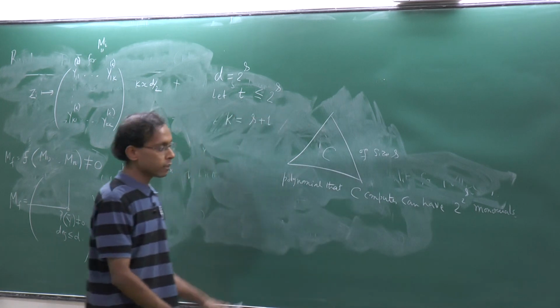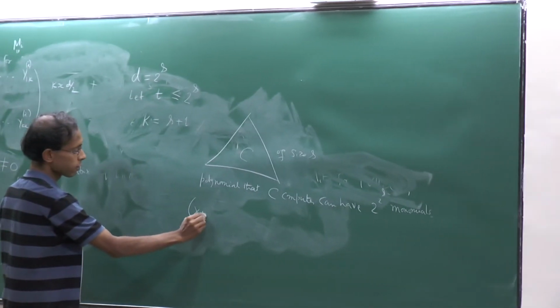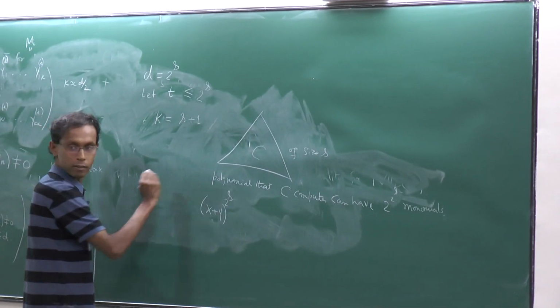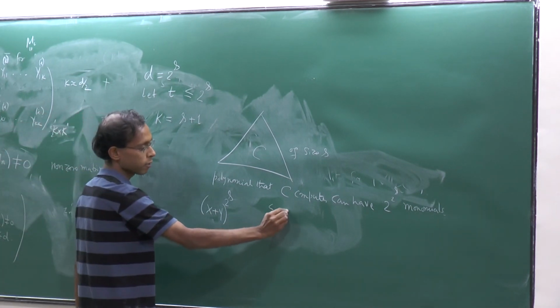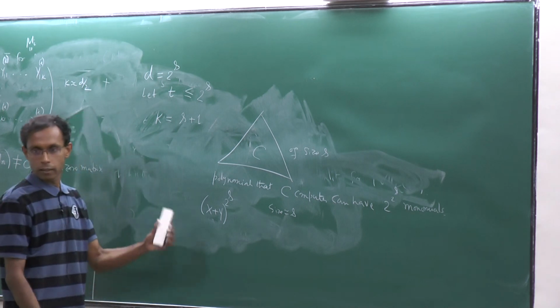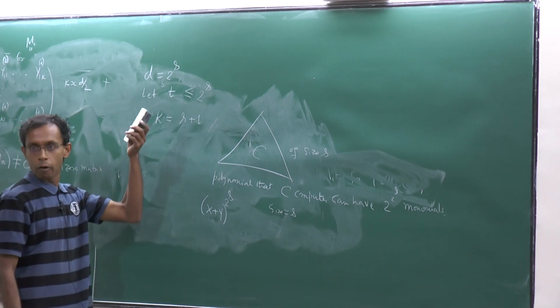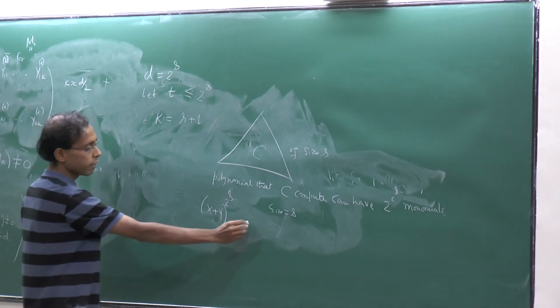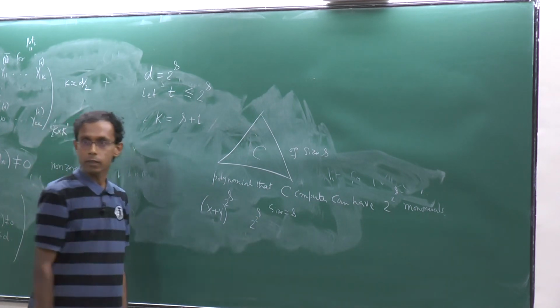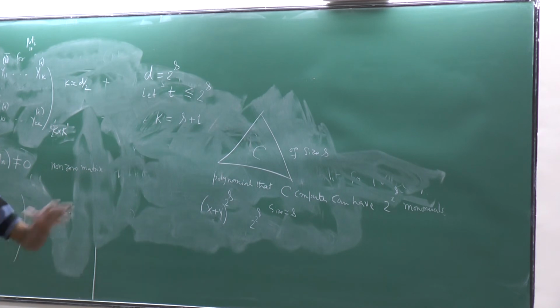For example, take the simple polynomial (x plus y) power 2 power s. This polynomial has a circuit of size roughly s. It's just repeated multiplication, or powering, but the number of monomials that the polynomial will generate is like 2 power 2 power s. So, in particular, this theorem gives you an efficient solution only when the sparsity of the polynomial is single exponential in the circuit size. It doesn't solve the problem completely.